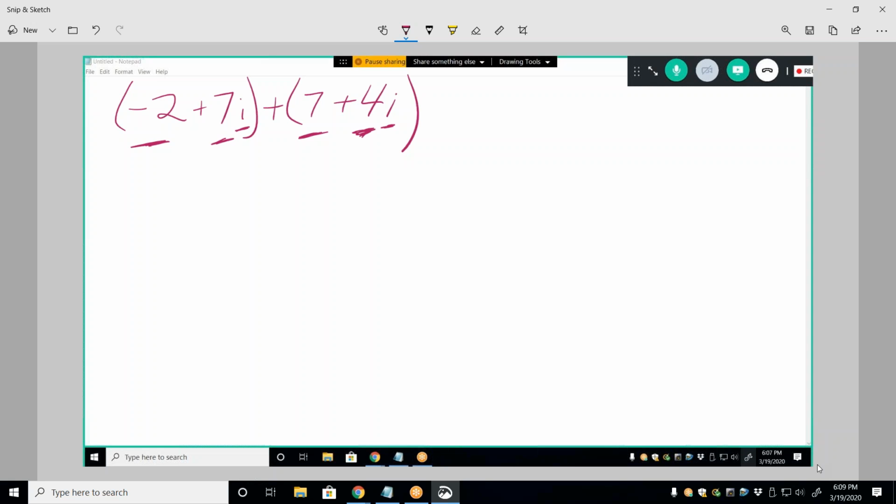So the first thing you do is just add the real parts. It's -2 plus 7. It is 5. Now add the imaginary parts. We have 7i plus 4i. So it's 11i. That's all you do. Simple as pie.